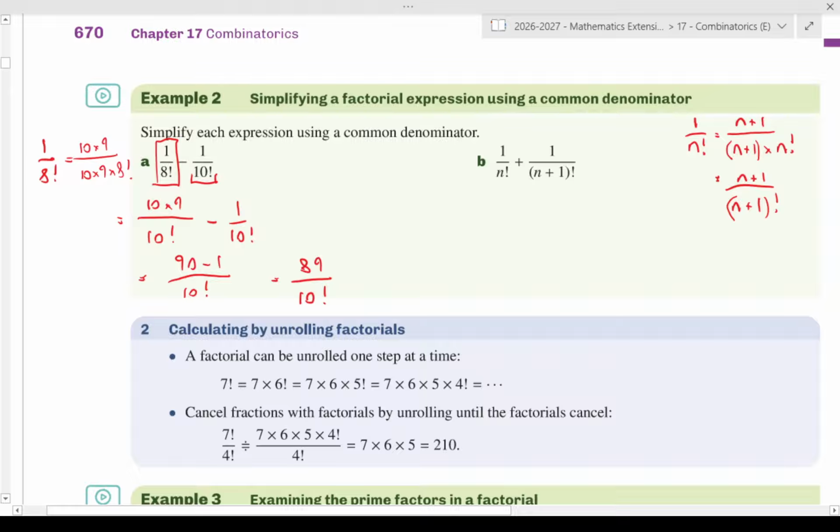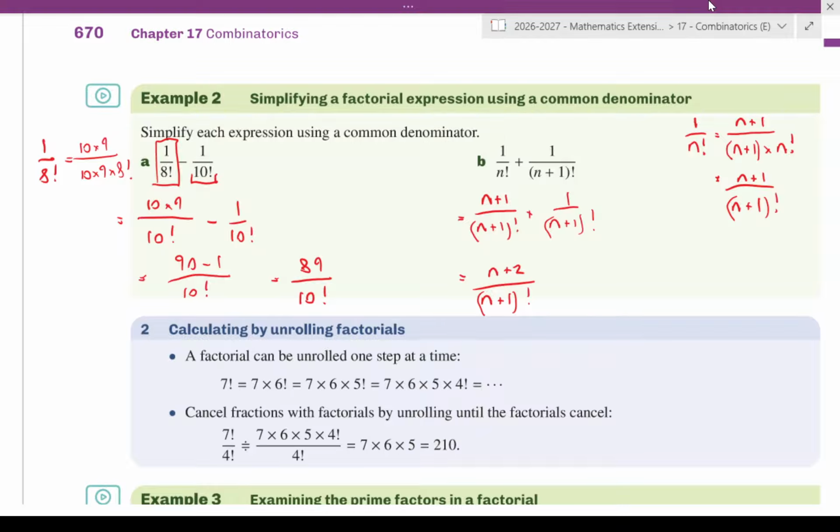So that means that 1 over n factorial we can actually write as n plus 1 over n plus 1 factorial, plus 1 over n plus 1 factorial, which means we've got n plus 2 over n plus 1 factorial. And that's all there is to it. You're just using the unrolling, but this time we're using it on the denominator to give ourselves a common denominator. And that's pretty cool.